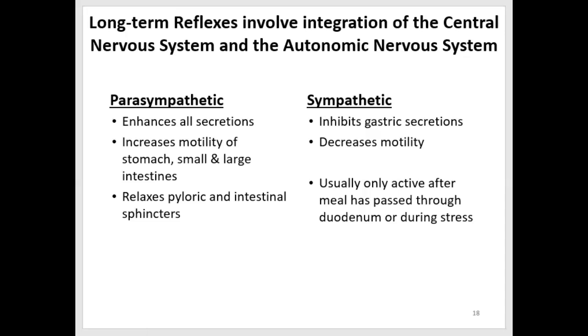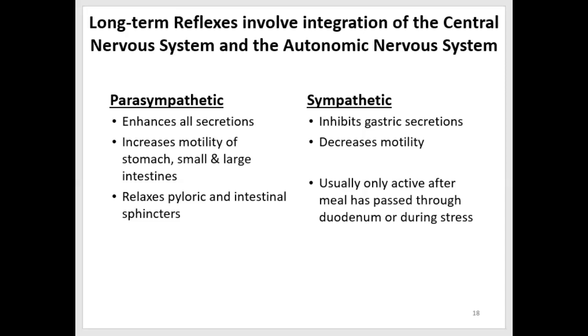So now let's talk about how long-range reflexes, I think that's a better term than long-term reflexes, involve integrating the central nervous system and the autonomic nervous system with those plexuses.